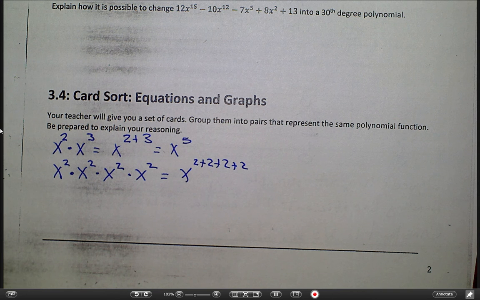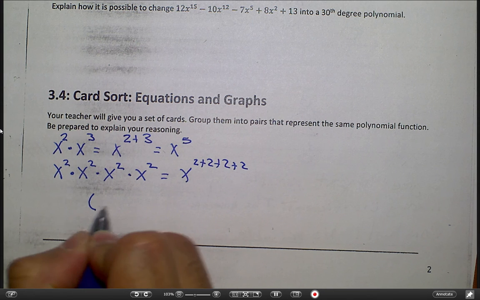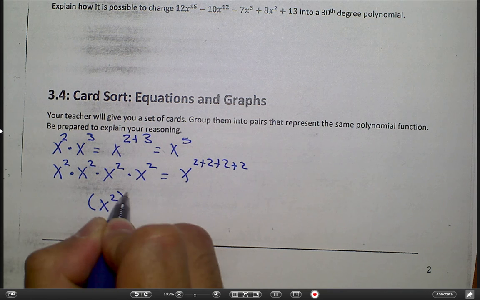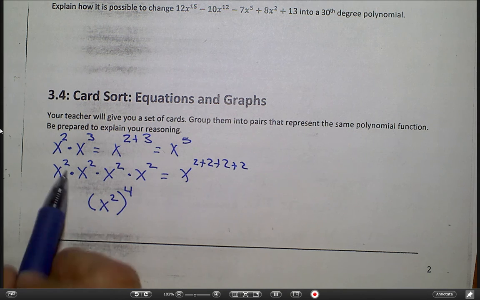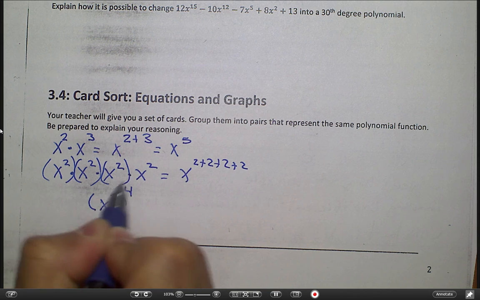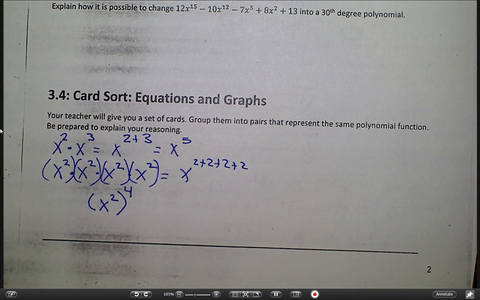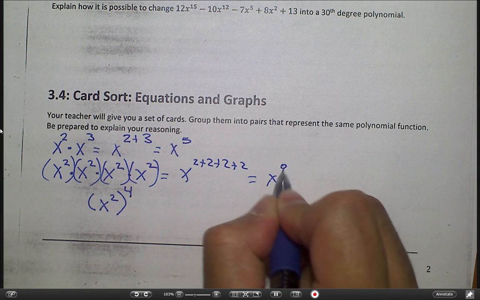How many 2's do we have there? I have 4 of them, right? So another way of writing it would be x squared, and I would have 4 of those. It's power to power. So this says I have 4 of those, which eventually will give me x to the 8th.